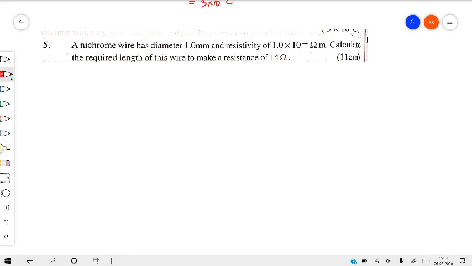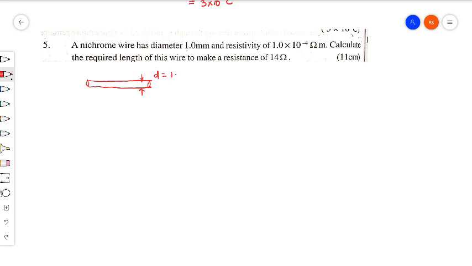So here is a nichrome wire. The diameter of the wire is D equal to 1.0 millimeter. So this is 1.0 into 10 to the power minus 3 meter.